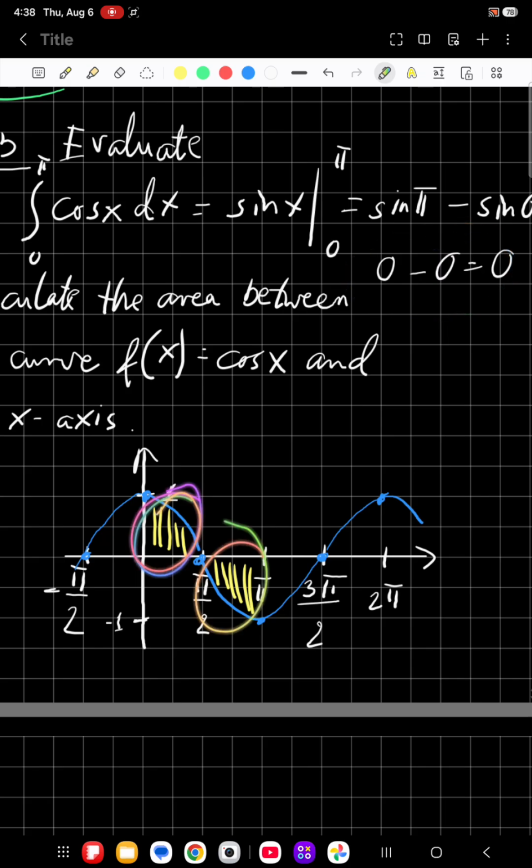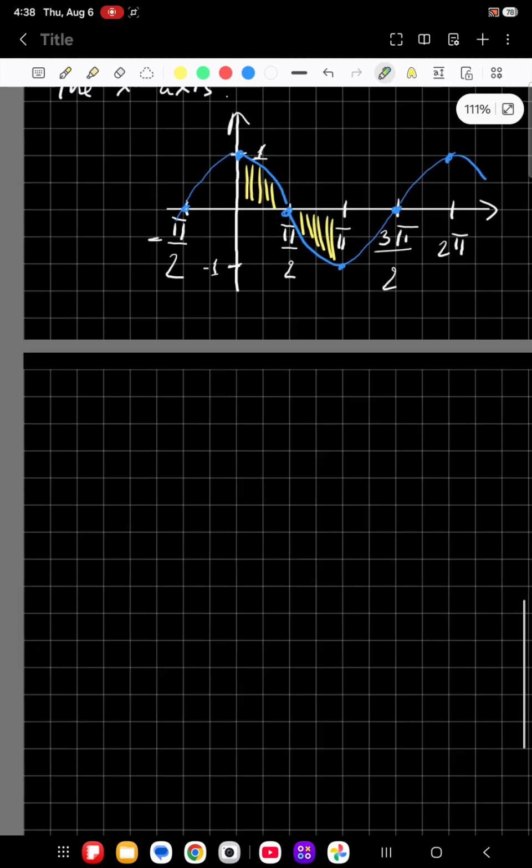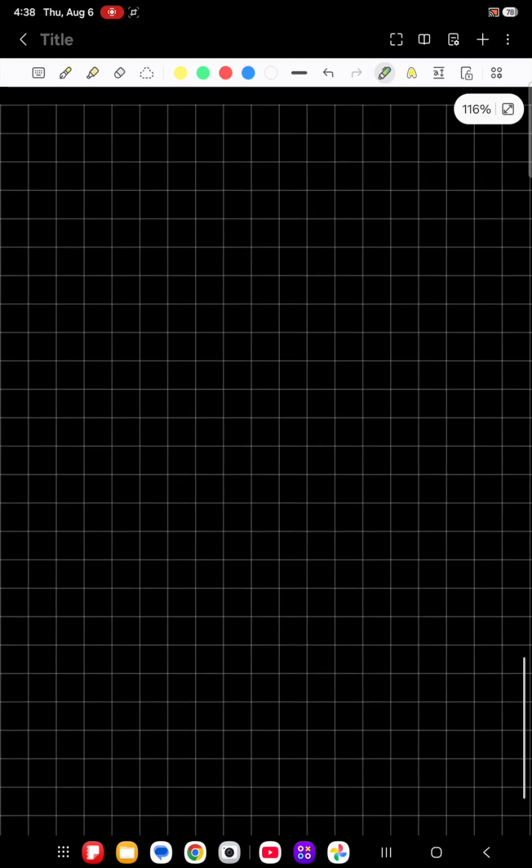So these two areas are the same. When one is positive, this one is negative. When we add them together, we get 0. But if we want to calculate the area between the graph and the x-axis, that's going to be this. It's not going to be 0. It's going to be something else. So let's try to figure it out.